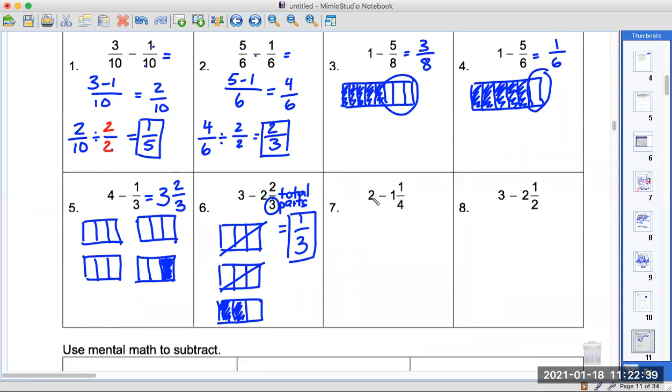All right, one more, 2 whole ones. Divide into 4 equal parts, start in halves. Take away 1, and then 1/4. So what's left is 1, 2, 3, 3/4.